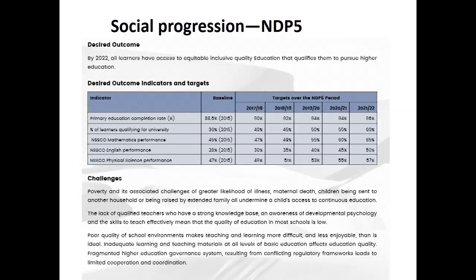But look at the last paragraph. It says poor quality of school environment makes teaching more difficult and less enjoyable than ideal. Inadequate teaching materials at all levels of basic education affect education quality.